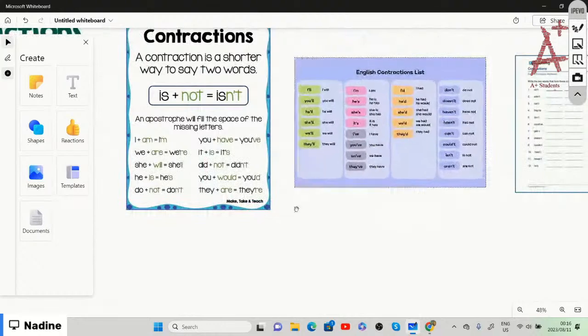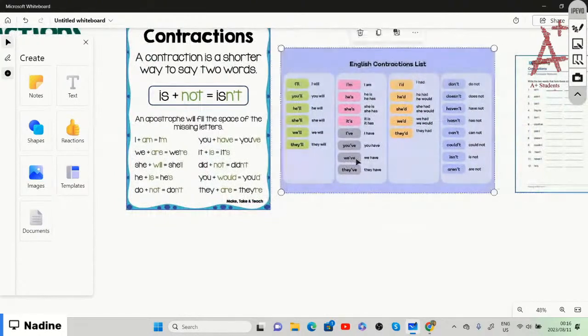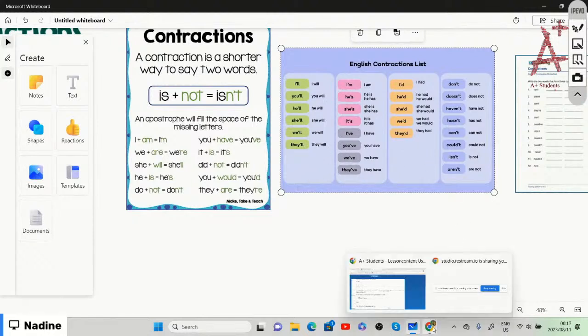Here we have a few examples of English contractions. I'll, which is I will. You'll, which is you will, he'll, which is he will, she'll, which is she will, we'll, which is we will, they'll, which means they will, and then the same on the other side.